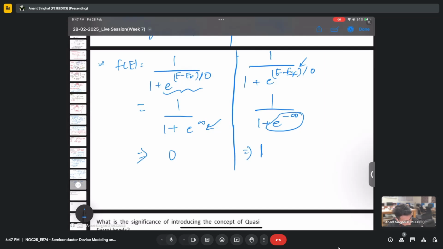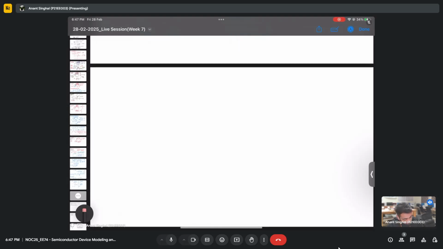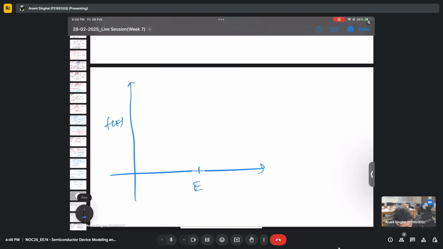So this is how we came to know this particular plot. If we plot the Fermi function with respect to energy level E, let's say this is EF, it is always 1 for E less than EF, and for E greater than EF it was coming out to be 0.